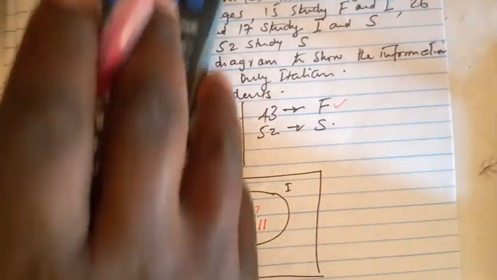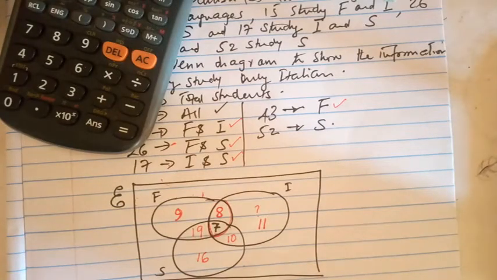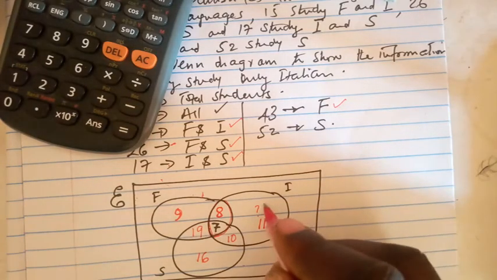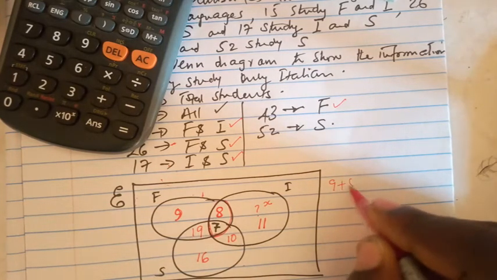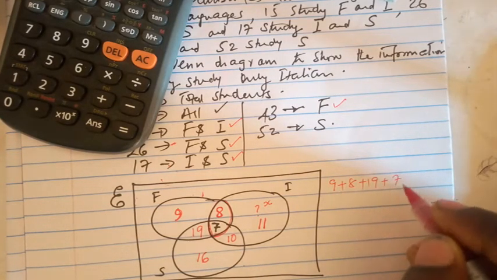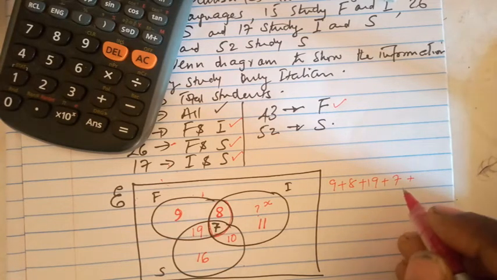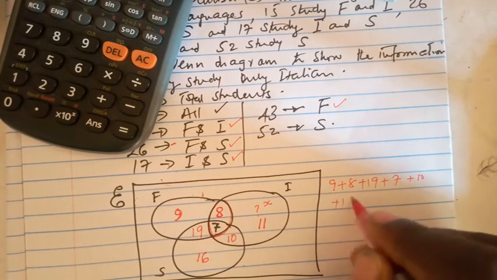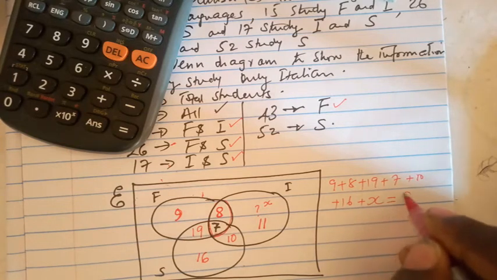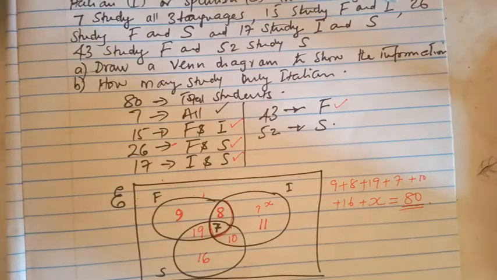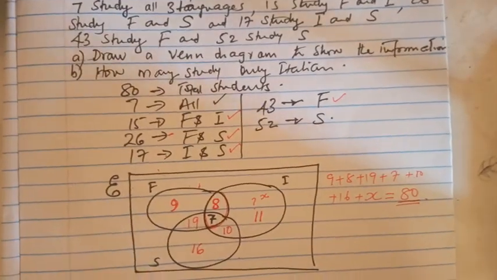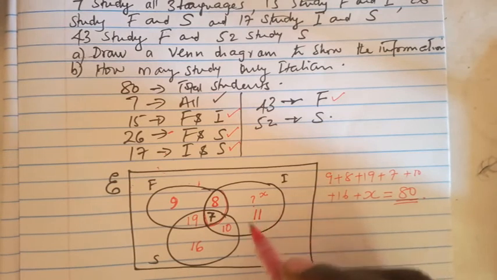That answers part B of the question. As there are 80 students, the numbers must all add up. If we put X there, then 9 plus 8 plus 19 plus 7 plus 10 plus 16 plus X should give 80 students, because no student is in school for any other business apart from learning. So 11 are only doing Italian.